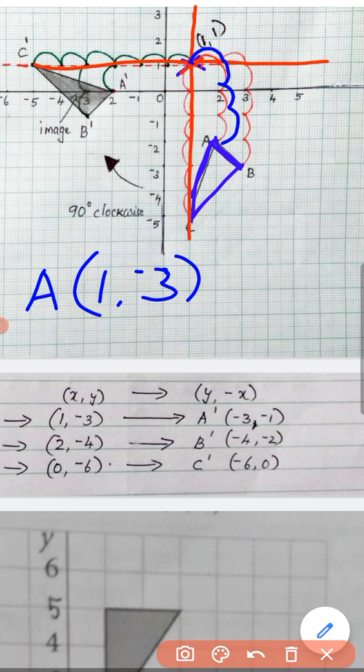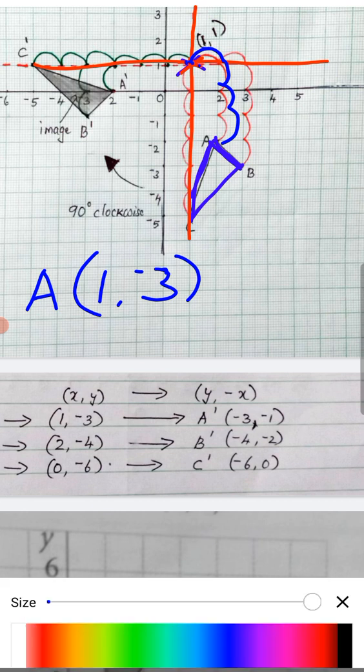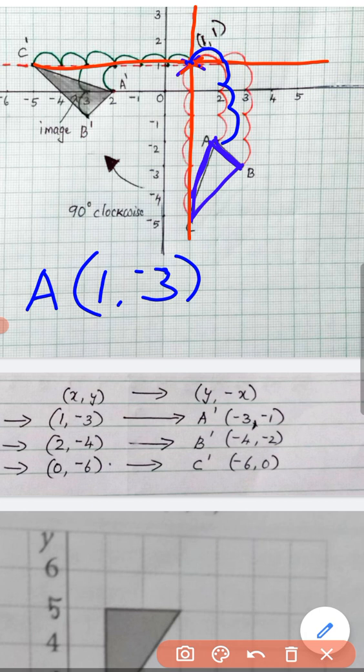Now find B from this point. It is 2 units to the right. Right means positive x-axis.